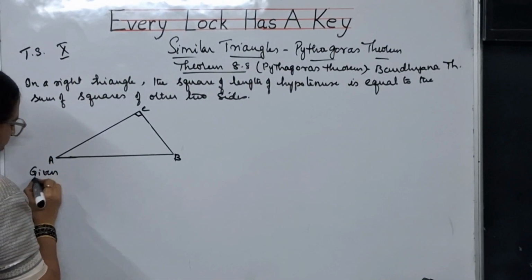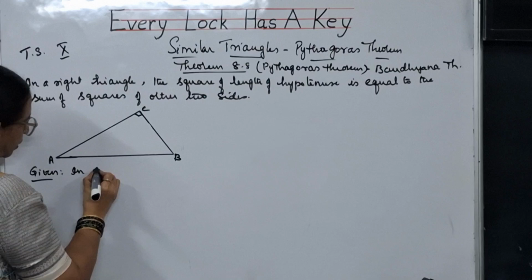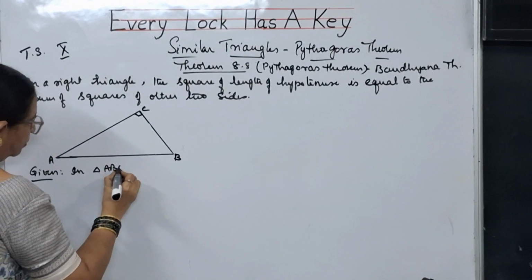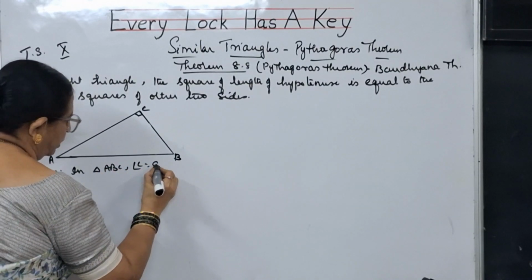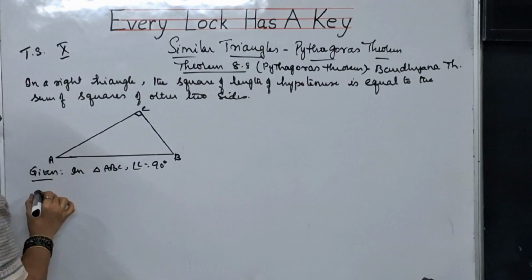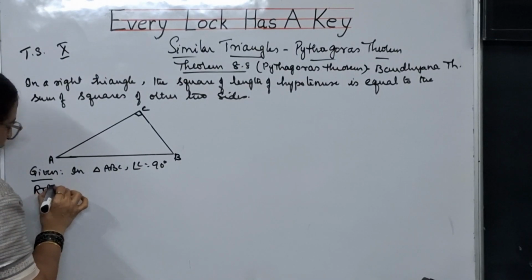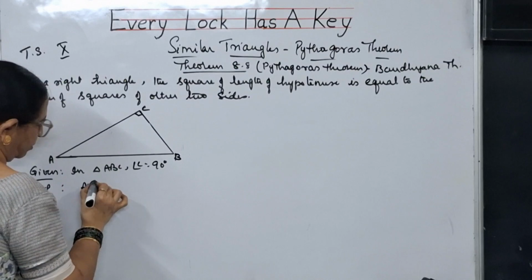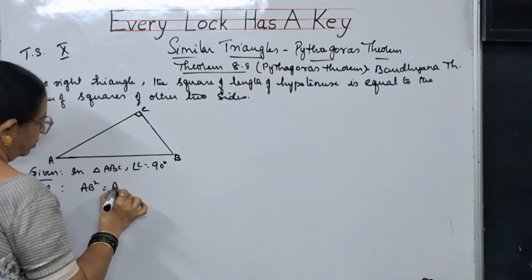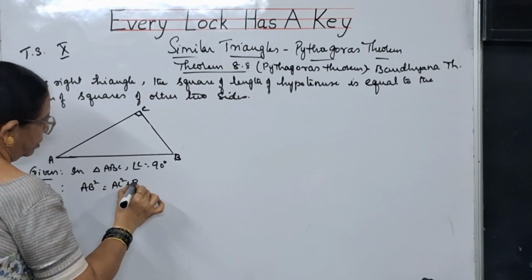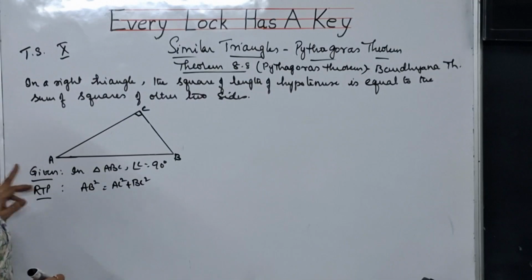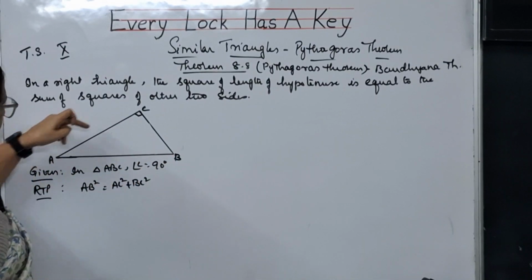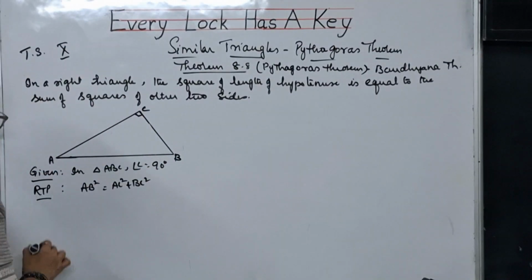So what is given in triangle ABC? Angle C is 90 degrees. This is given. What is RTP? We need to prove that hypotenuse square, that is AB square, is equal to AC square plus BC square. Hypotenuse square is equal to sum of the squares of other two sides.